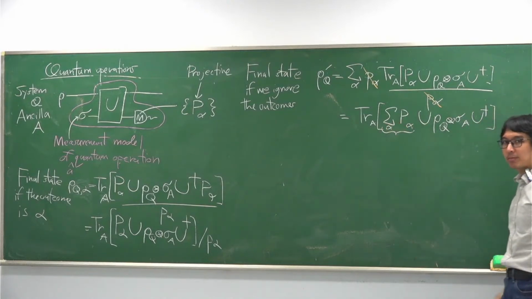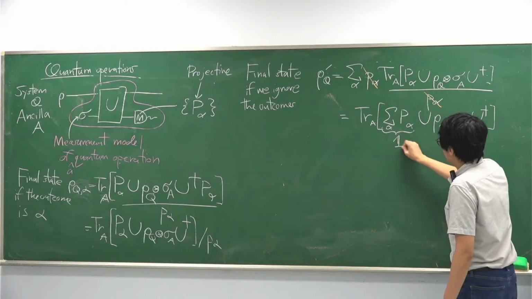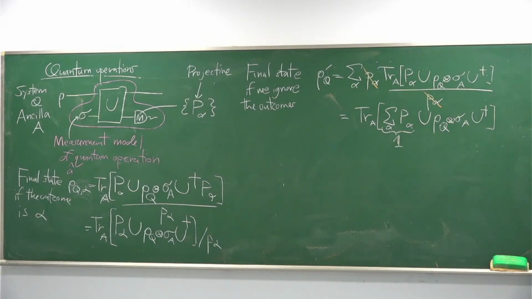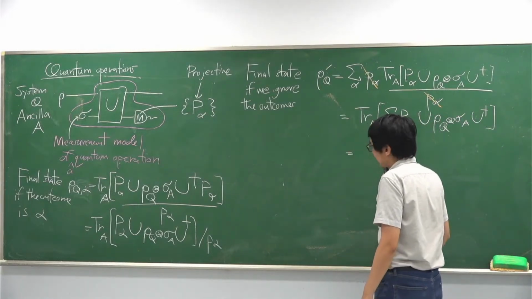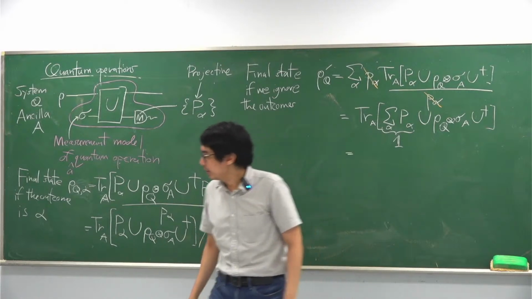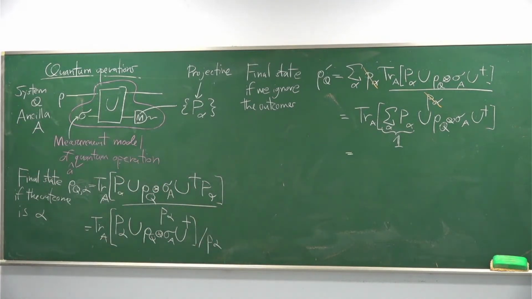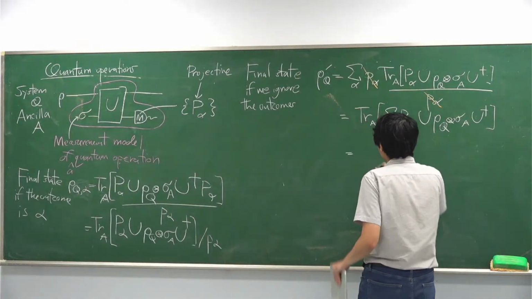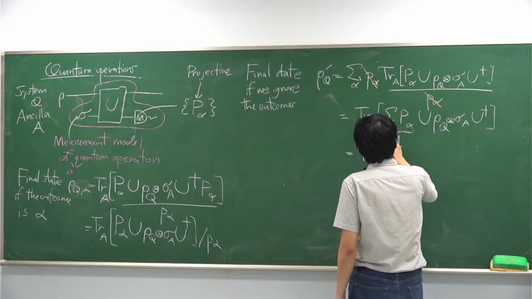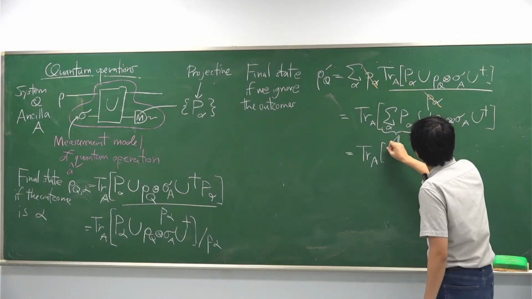Well, it's just a projective measurement, so this is just the identity. Is there anything that I can simplify? That's the most we can do here at this point.